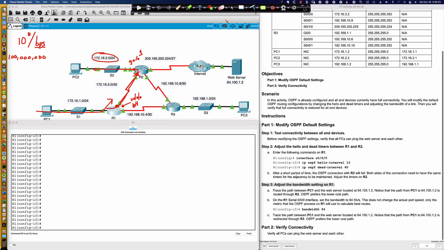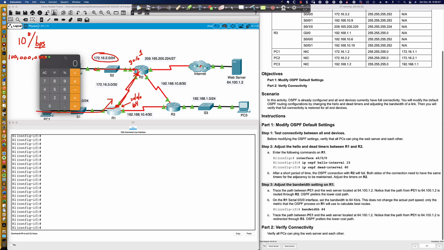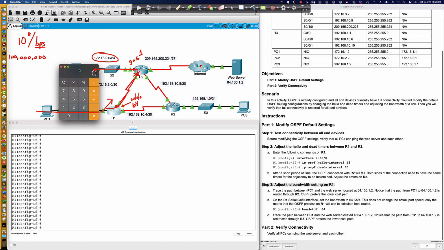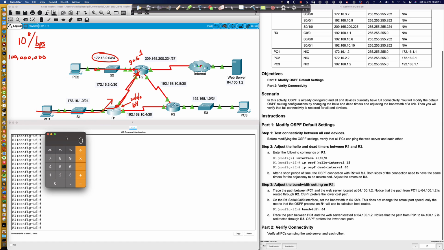Well, let me prove that to you. Let's just not say that and assume that that's true. Let's pull out the trusty calculator and try to get it away from all of the writing. So this was 1,544 kilobits. Remember, that is significant because in the equation, we're interested in bits per second, not kilobits per second.